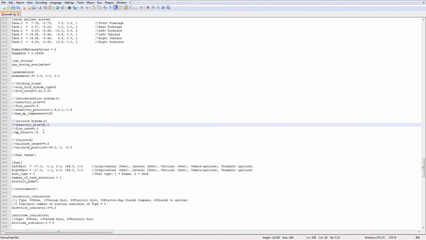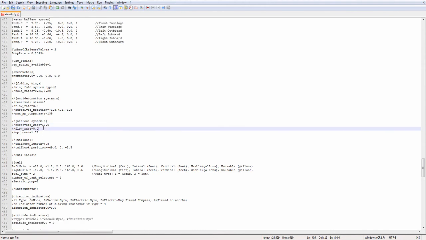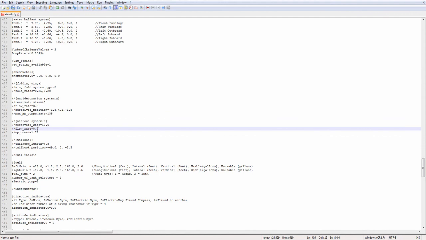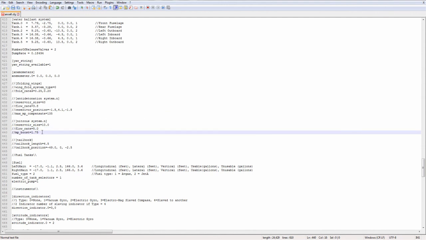Okay, so Nitro System. This is the nitro injection system on the Extra aircraft, the Extra 300S. Reservoir size, gallons. Reservoir flow rate, gallons per minute, same as with the anti-detonation. And MP boost. I believe this is a multiplier. So whatever your manifold pressure is when you engage the nitro system, it's going to be multiplied by this much when the system is engaged.